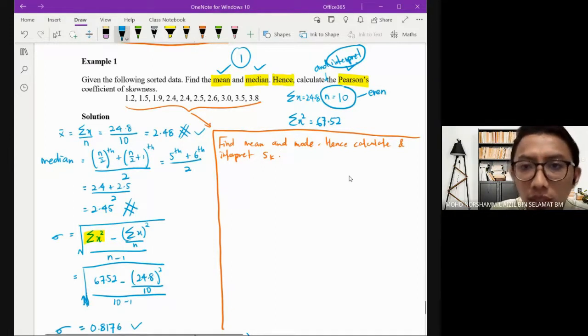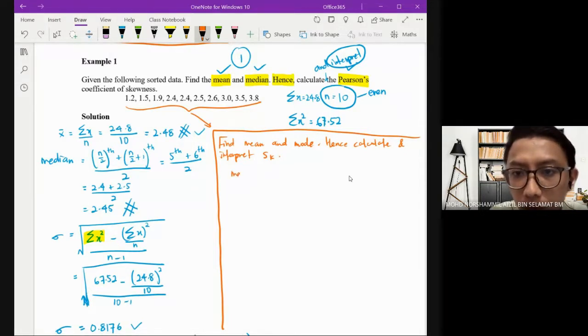Okay. So still if we want to calculate our mean, not going to be a problem. We calculate x bar using the similar calculation, and then we will still get 2.48. Okay, mean done. How about the mode?